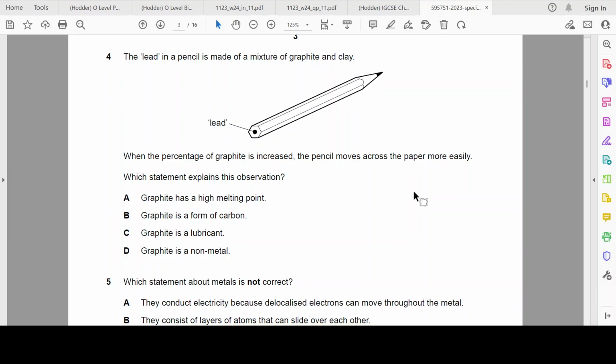No. They're both incorrect. I mean, the statement is correct: graphite is a form of carbon and graphite is a non-metal. But in terms of answers, both B and D are wrong. It's a lubricant because it is moving smoothly. Exactly.